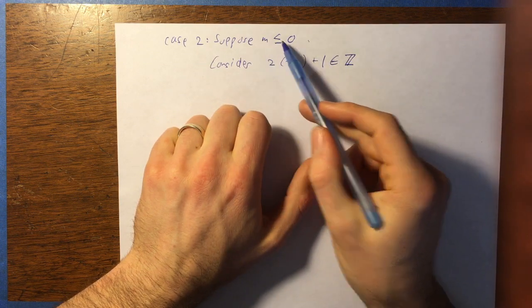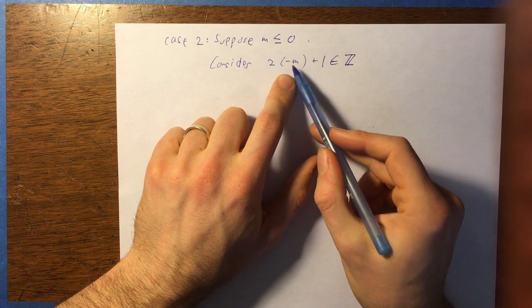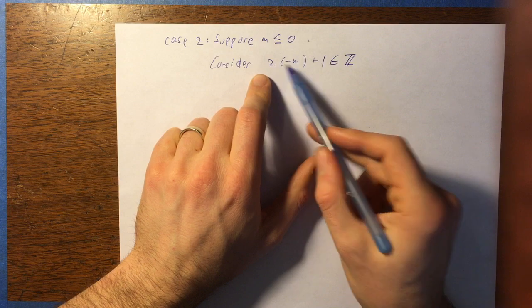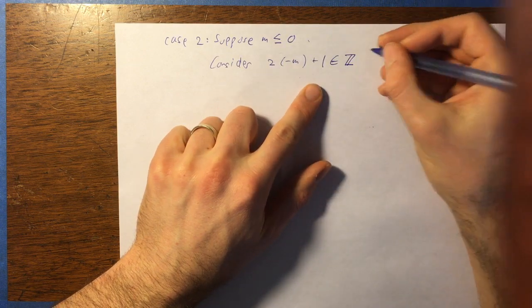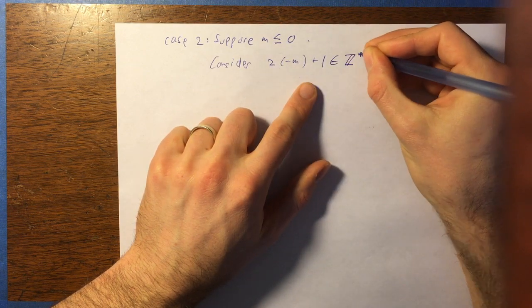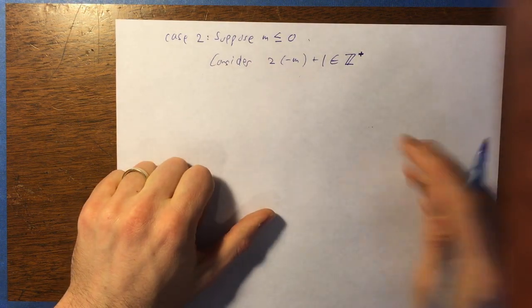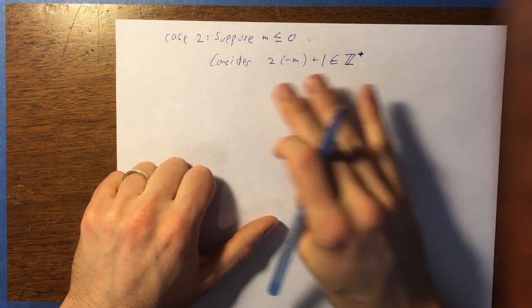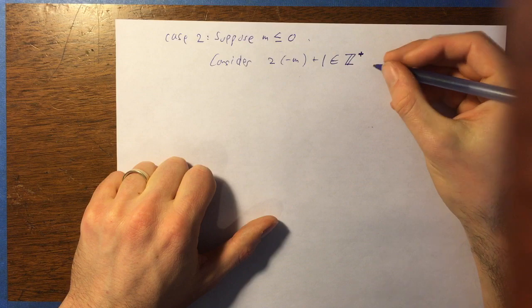If it's negative, when I take negative m, this will become positive again. And so when I take a positive number times 2 plus 1, it'll still be positive. So this is guaranteed to be a positive integer. So that's also going to be a valid possible input.